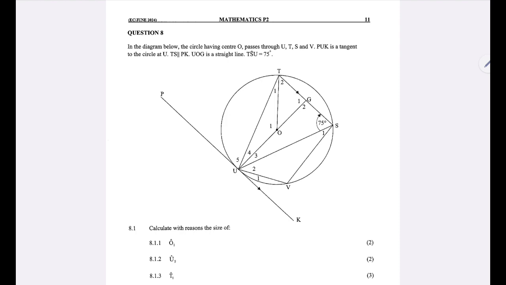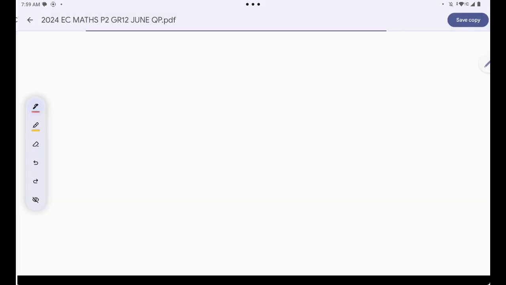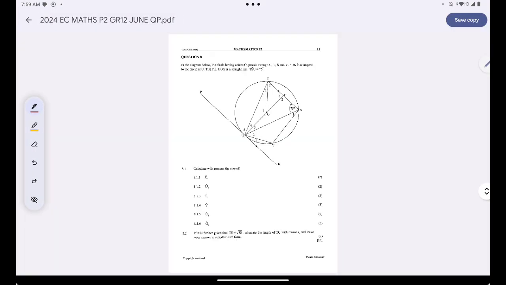Here I'm not told about any line perpendicular to the chord or bisecting the chord. That means for now I need to keep that theorem on pause, and focus on the one that states that the angle at the center is 2 times the one at the circumference.